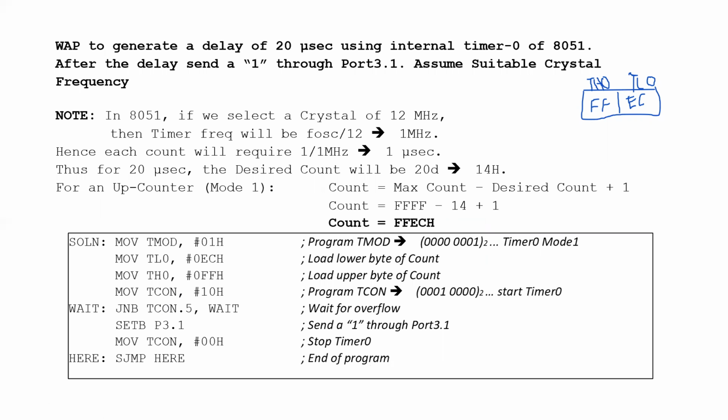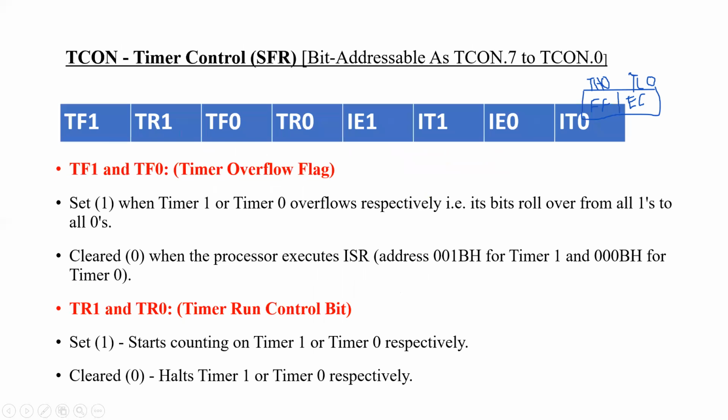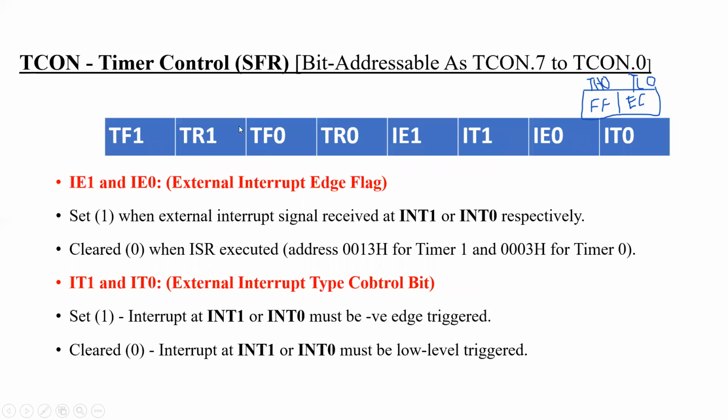The overflow flag of timer 0 is TCON.5. Here you see the TCON register: TCON.0, TCON.1, TCON.2, TCON.3, TCON.4, and TCON.5. So we are checking whether this TF0 bit is set, that is, whether it is 1.